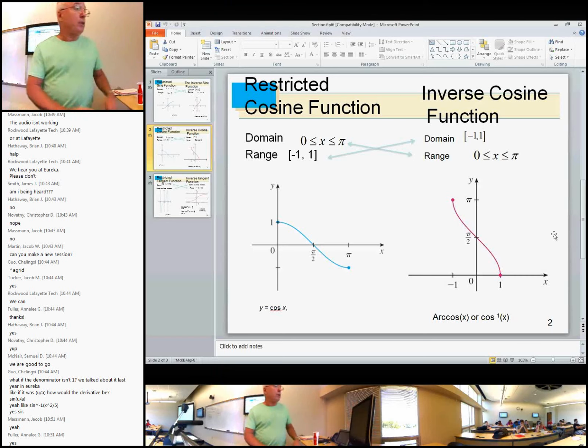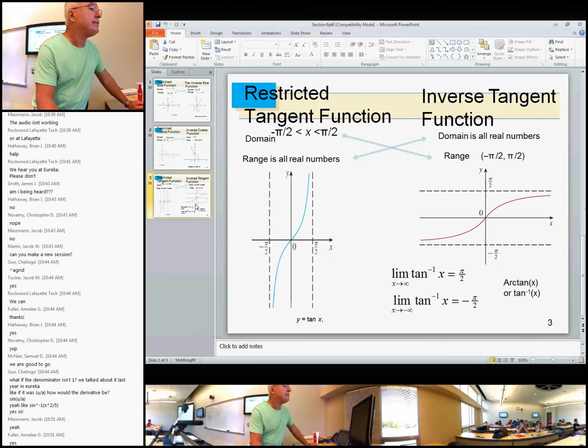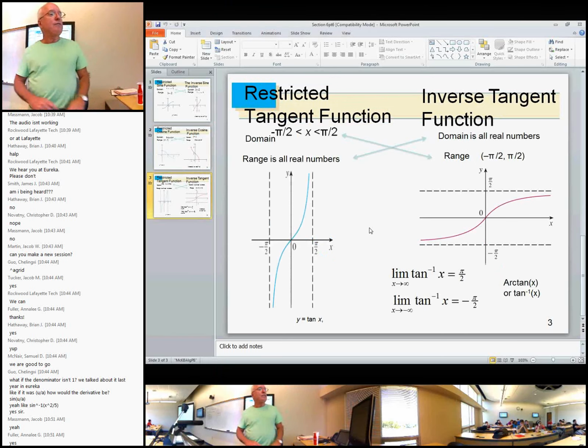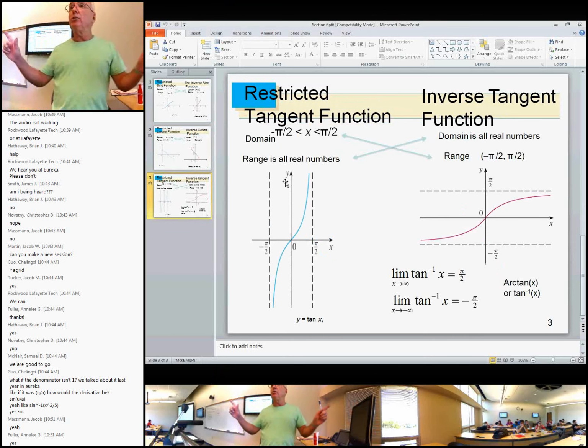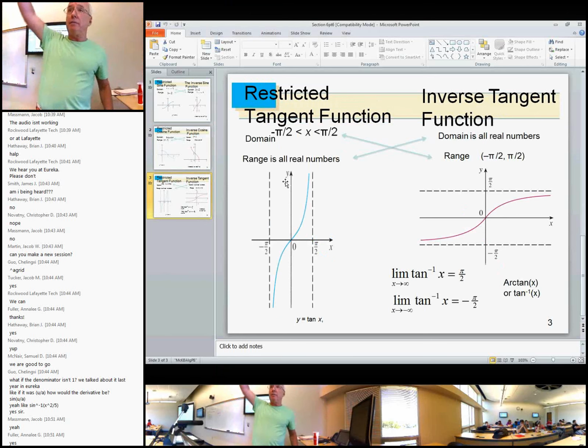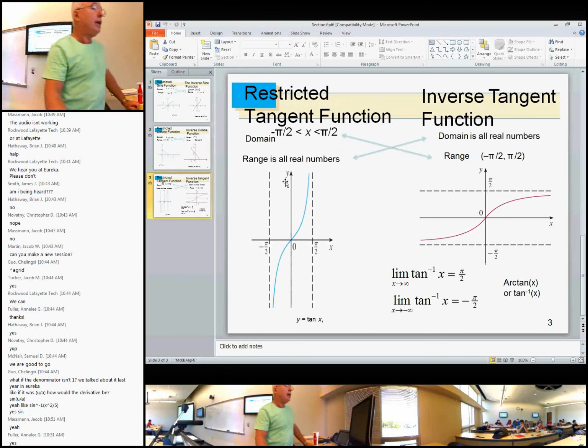Now that's the tangent. So the tangent function, we want to restrict its domain from minus pi over 2 to pi over 2. And notice we can't include the endpoints, because at the endpoints, the tangent's either negative infinity or positive infinity. And so this is what the restricted tangent function looks like. Its range is actually any number from plus infinity to minus infinity.